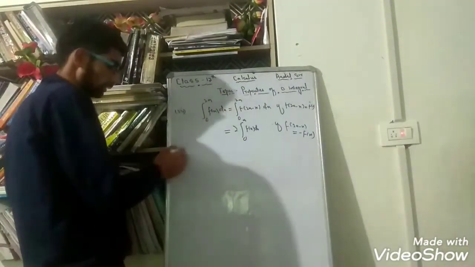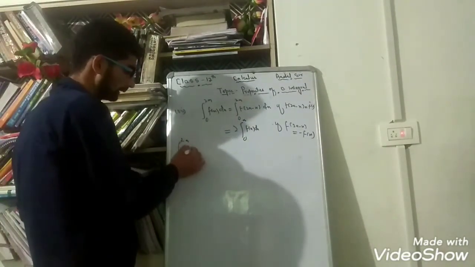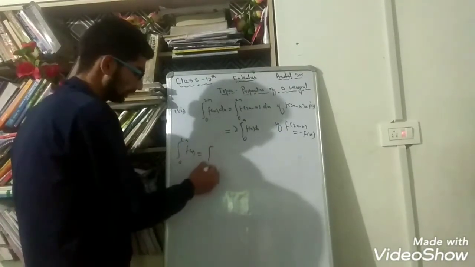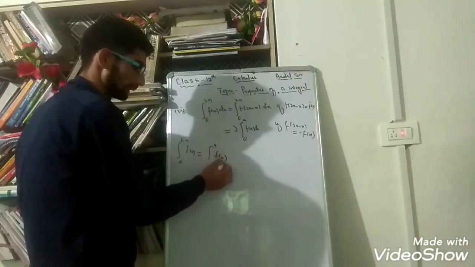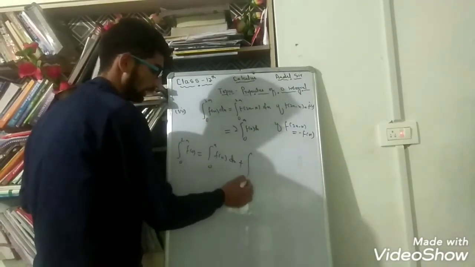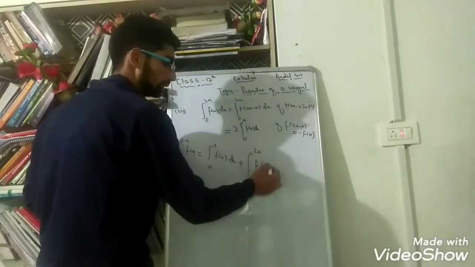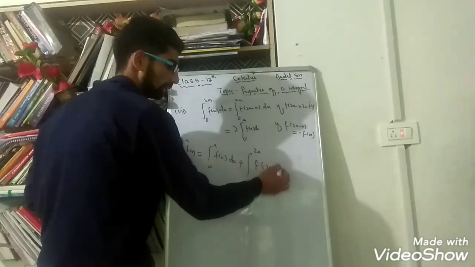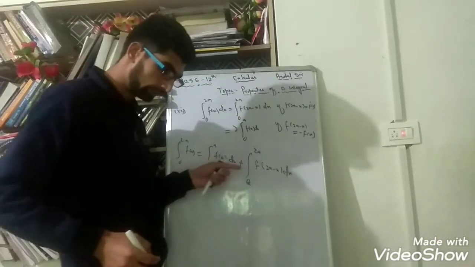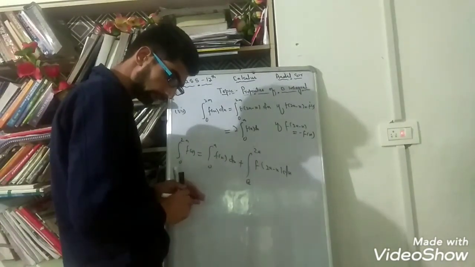We know that the integral from 0 to 2a of f of x, by the sixth property, is equal to the integral from 0 to a of f of x dx plus the integral from a to 2a of f of 2a minus x dx. This is our property.